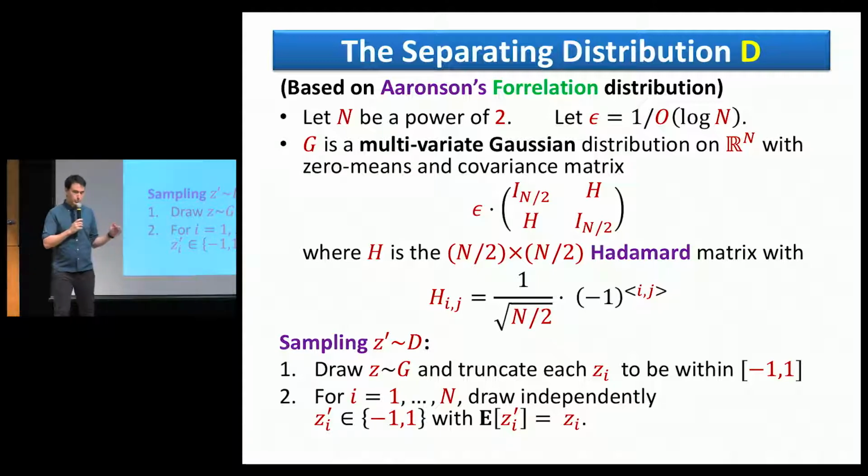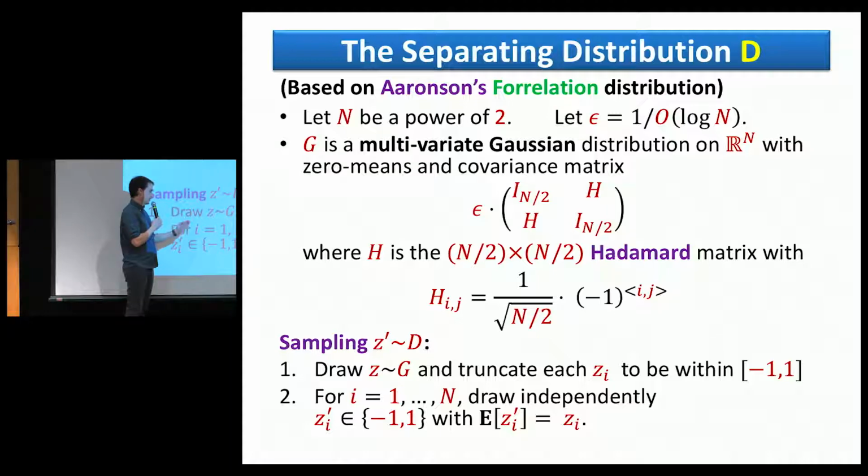So after the first bullet, we got a bunch of numbers between -1 and 1. Now all the coordinates are between -1 and 1. And now, how do we translate it into a really Boolean thing? For Boolean, I want each coordinate to be either +1 or -1. So for each individual coordinate i going between 1 and n, I'm going to draw independently a random variable z prime i, which will be a +-1 random variable, and I will pick it such that the expectation of this variable would be exactly the value of zi.